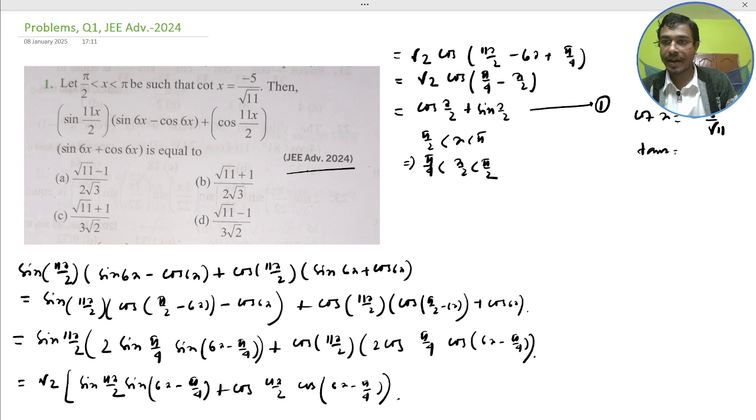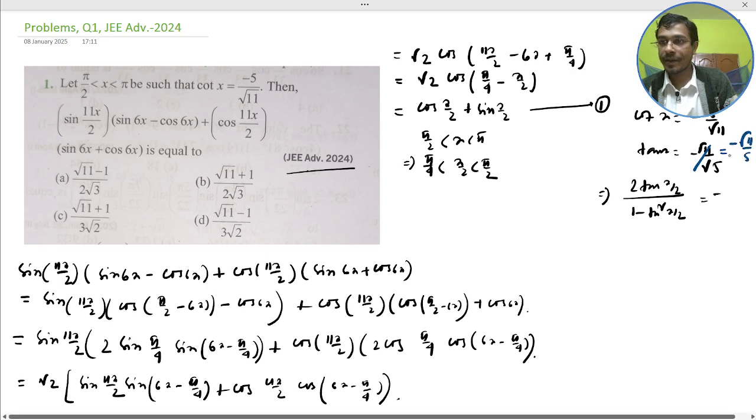So I just find tan x, just reverse, minus root 11 by 5. So use the tan x formula here: 2 tan x by 2 divided by 1 minus tan squared x by 2, that would be minus root 11 by 5. I just correct here, this would become equal to minus root 11 by 5.